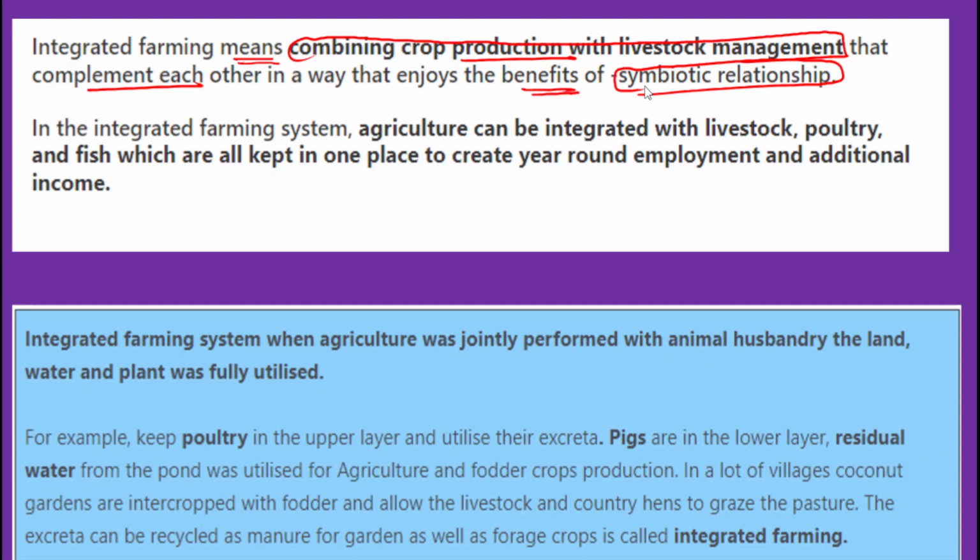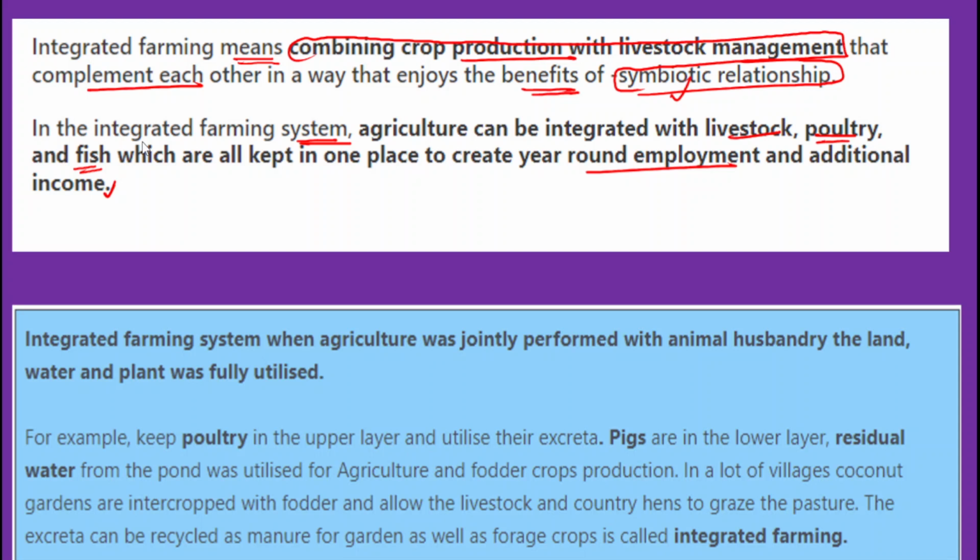What is a symbiotic relationship? One benefiting the other is the symbiotic relationship. In integrated farming also, the essence is a symbiotic relationship. In the integrated farming system, agriculture can be integrated with livestock, poultry and fish, all kept in one place to create year-round employment, and additional income can also be generated through this. This is the essence of integrated farming.